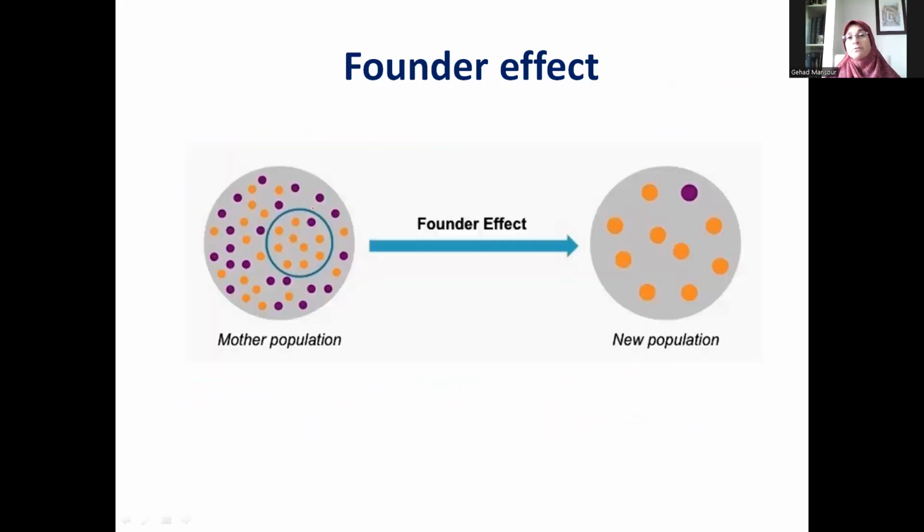So in the founder effect, it's not that there was destruction of the whole population and only a small representative stayed alive, but here there is a small community that migrated and went to a new area and started increasing in number.